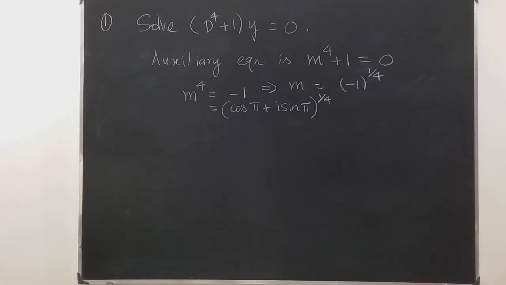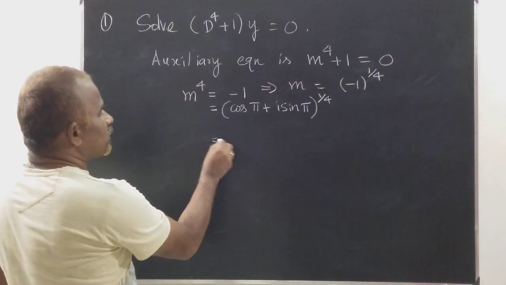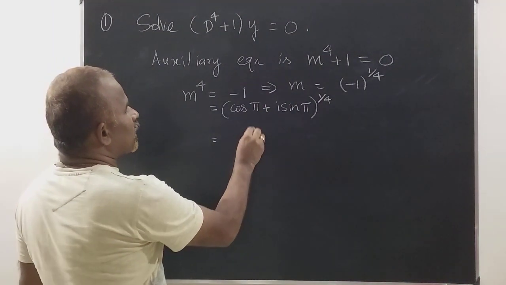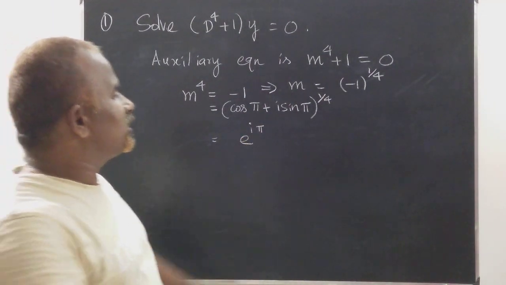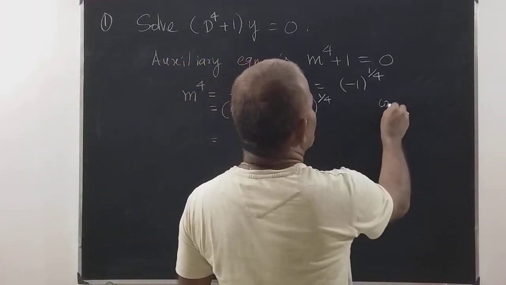So this is nothing but e^(i pi), since e^(i theta) = cos theta + i sin theta.